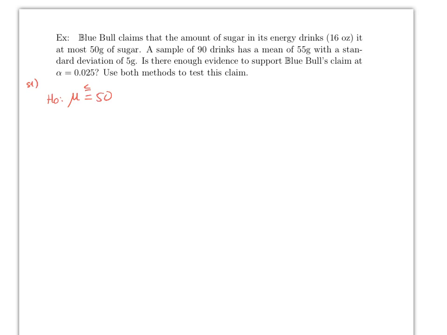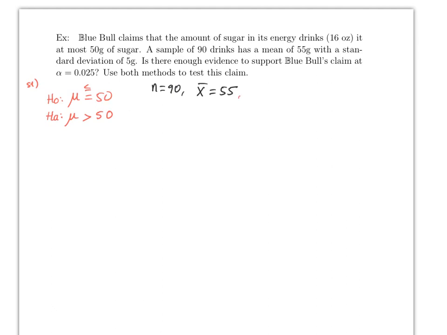But if you take a sample of 90 drinks, that means n is 90, x bar was 55, which is more than what Blue Bull is claiming. So therefore, the alternative should be greater than what he's claiming. Why? Because this number is bigger than what the company is claiming.